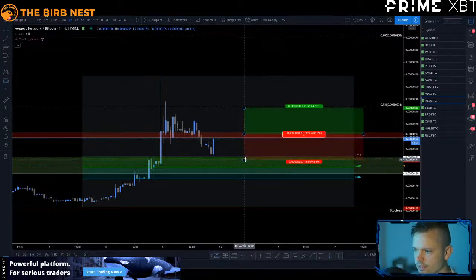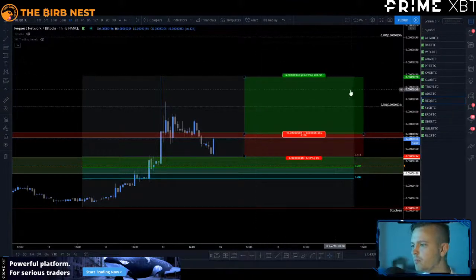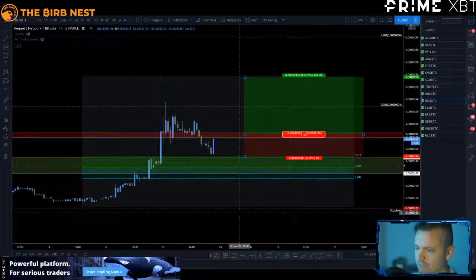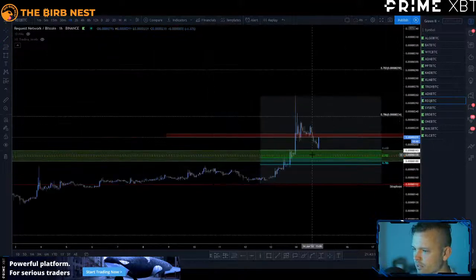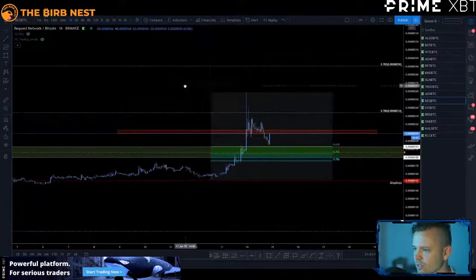The setup would look something like this, but I'm not really interested in that second setup. If we get a reaction here from the red box, I'm still looking for a bounce inside the reload zone here.